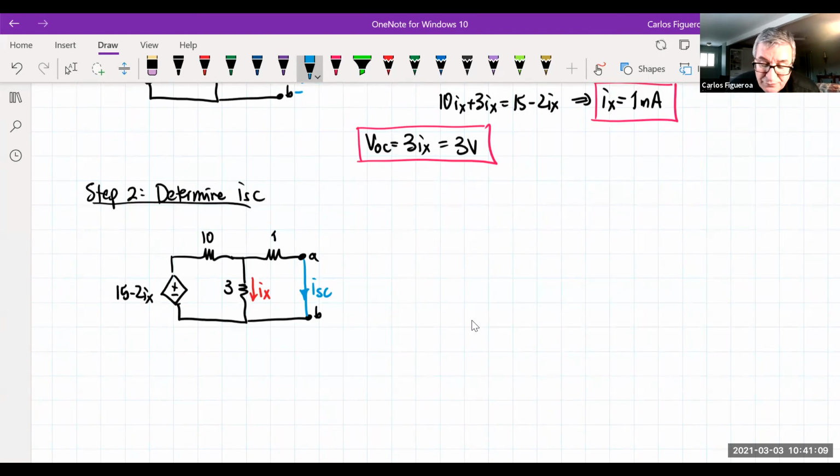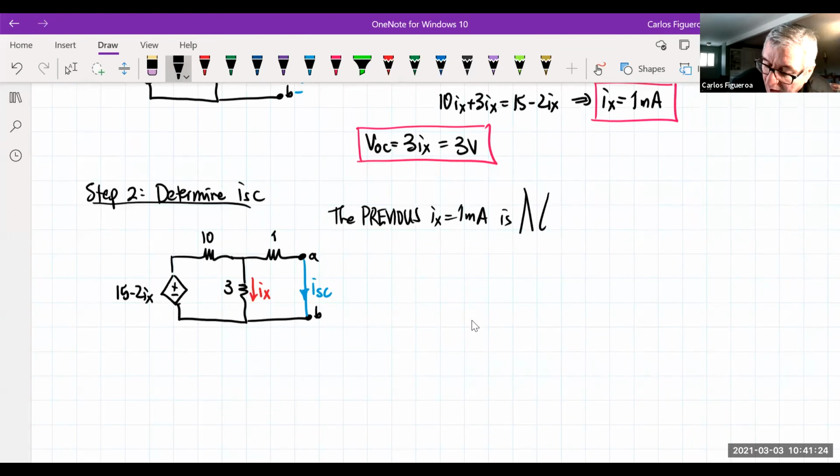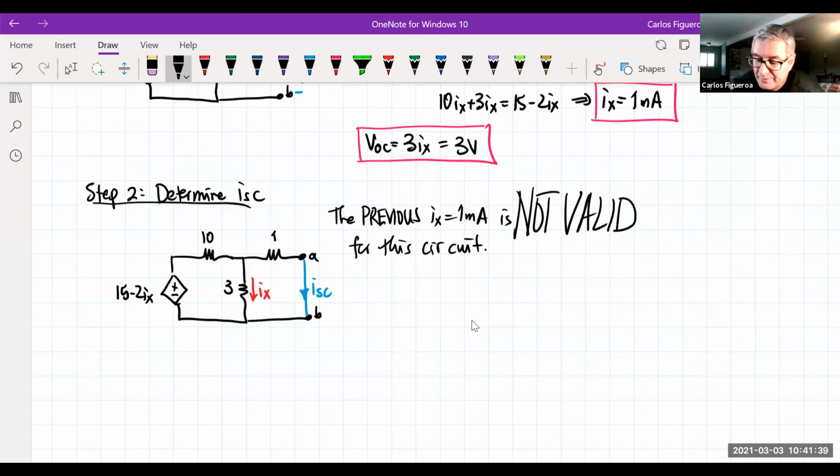Well, the first thing that you want to know here is that the previous Ix of 1 milliamp is not valid for this circuit, right?